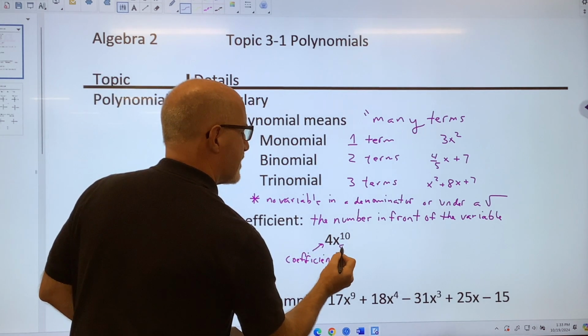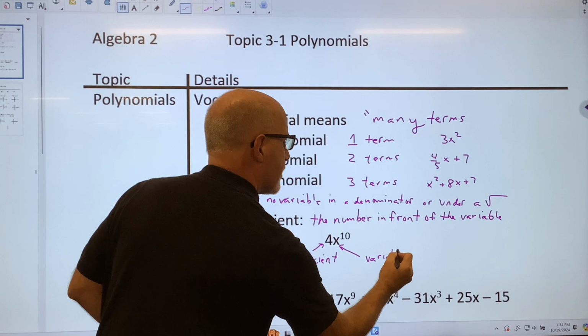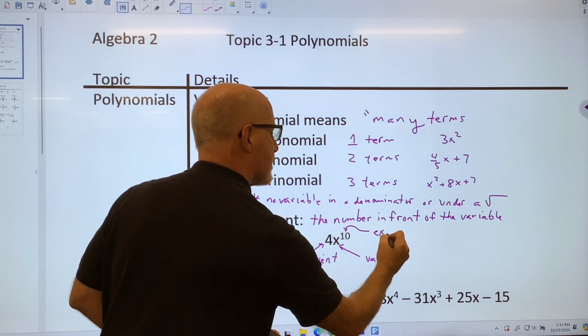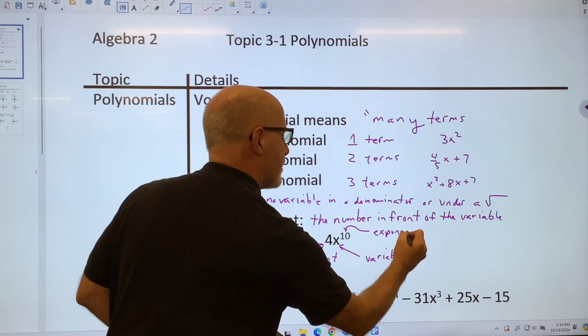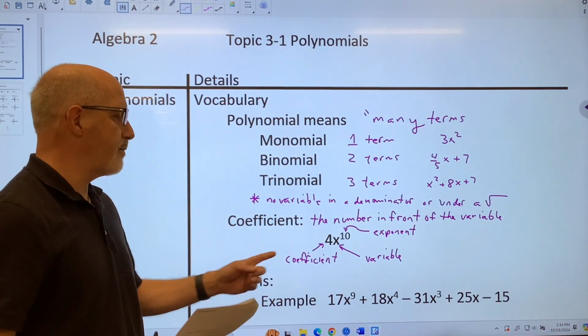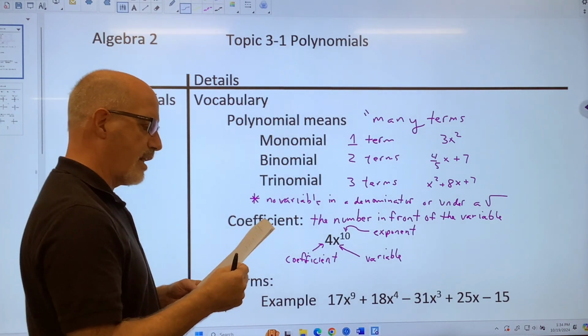Remember that the x is the variable and the 10 is the exponent. So those are some terms we're going to use very frequently. You really have to become familiar with the word coefficient because we're going to use that a lot when classifying these.